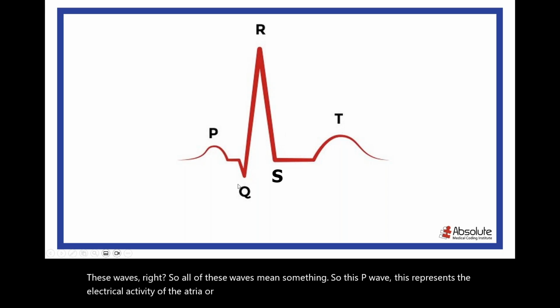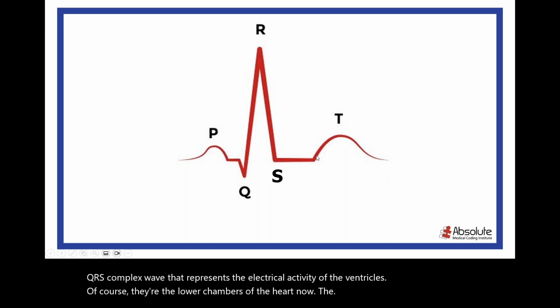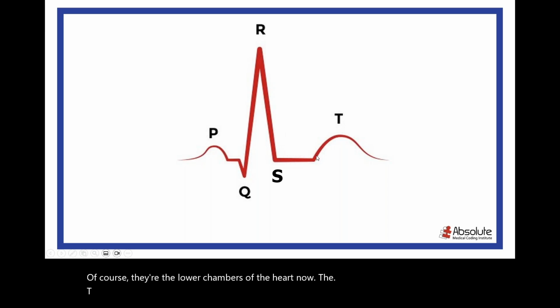The QRS complex wave represents the electrical activity of the ventricles. Of course, they're the lower chambers of the heart. Now, the T wave represents the electrical activity of the ventricles as they relax.